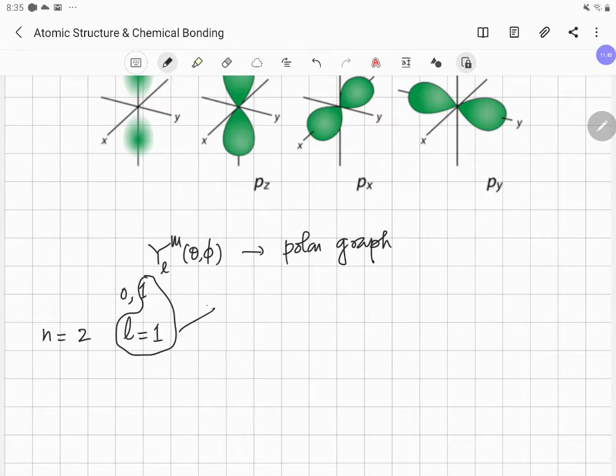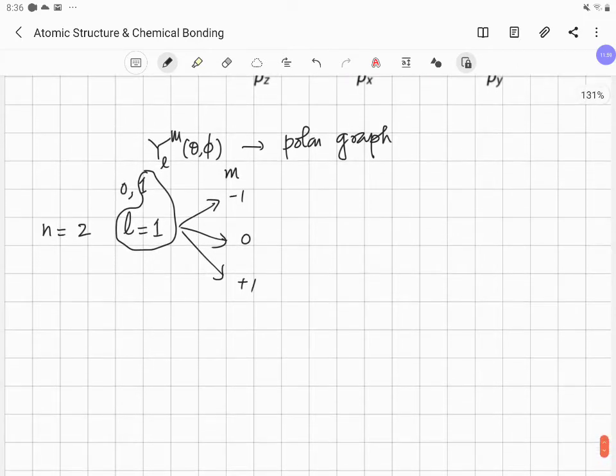And we see that for l equal to 1, there are 3 m values: -1, 0, and +1. That means there are 3 p orbitals for each shell, for each n value.